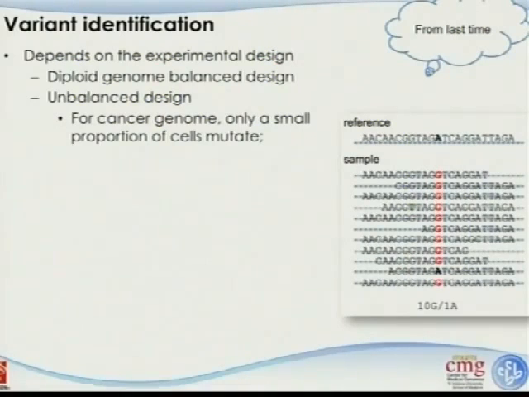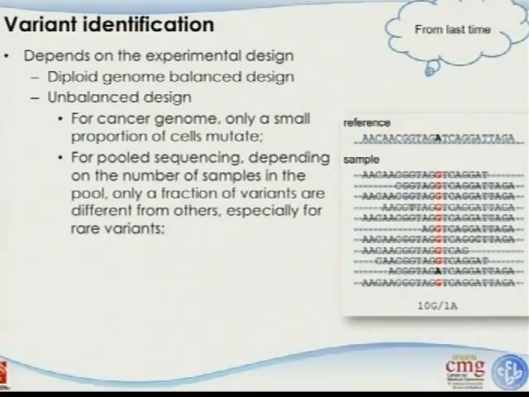However, if this is an unbalanced design, for example for the cancer genome with somatic mutations where only a small proportion of the cells have it, this may tell you that a small proportion of the cells have the mutation and retain this as A. If this is pooled sequencing, it depends on the total number of samples in the pool.